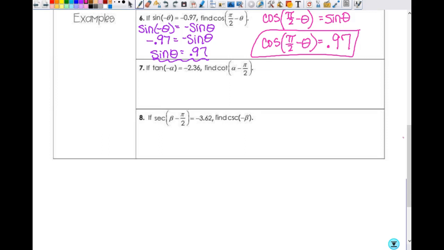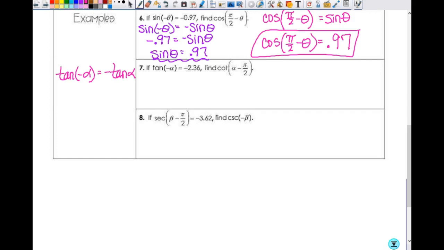I'm going to start number 7 out here because we're going to need a little bit more room. I have the tangent of negative alpha. Okay? What is the tangent of negative alpha going to equal? Negative tangent of alpha. Good. And so on your little card there, or on your reference sheets, they're going to always use theta because that's just the generic.